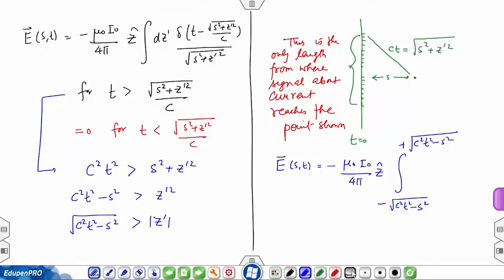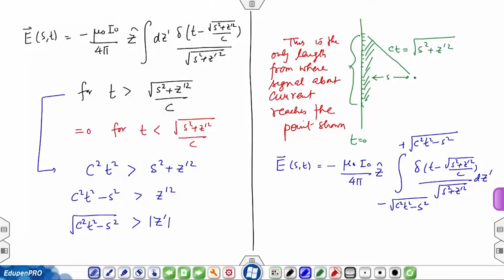What that means is signals from this region only are reaching the point where I am interested in the field. And inside I have the delta function, delta of t minus square root of s square plus z prime square over c, divided by square root of s square plus z prime square, dz prime. This is what I ought to calculate.